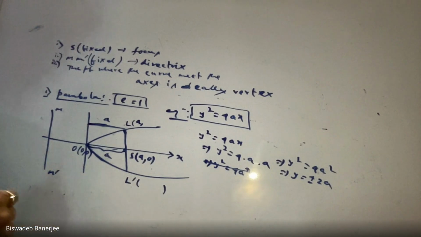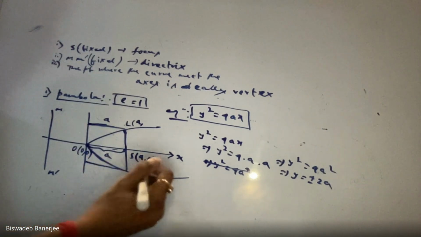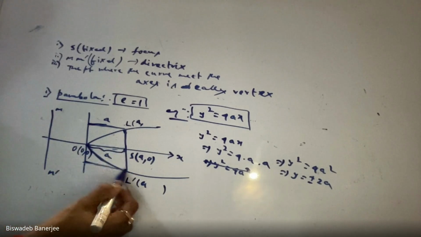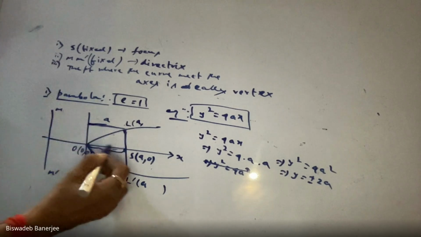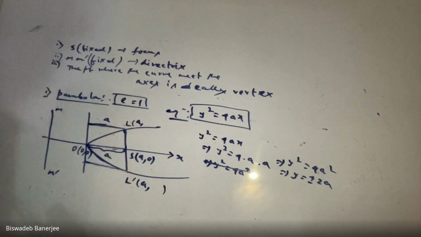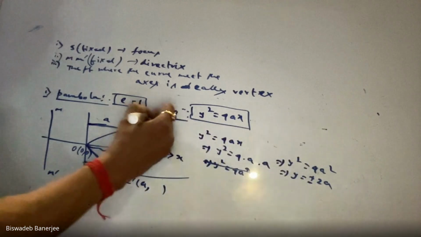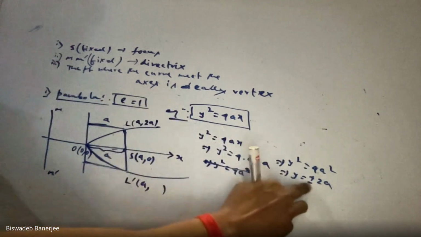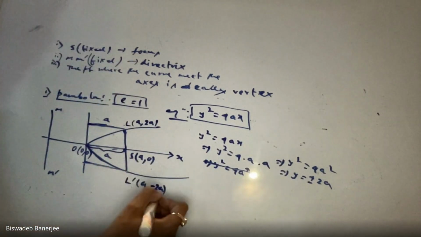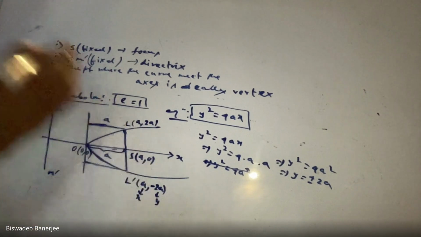See that this distance is also a, because this line is parallel to this line. And my value of y is 2a. So this is my 2a and this is my minus 2a, because this position indicates the value of y and this position indicates the value of x.